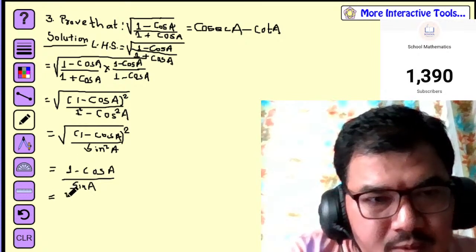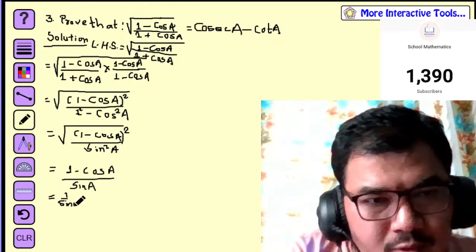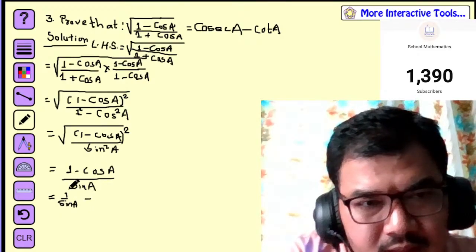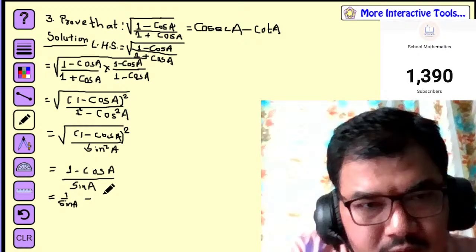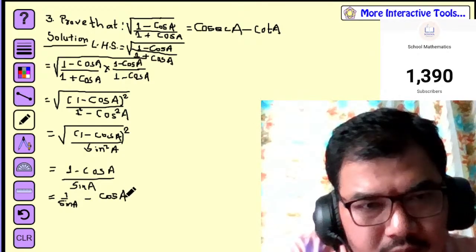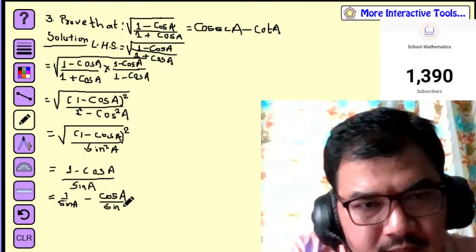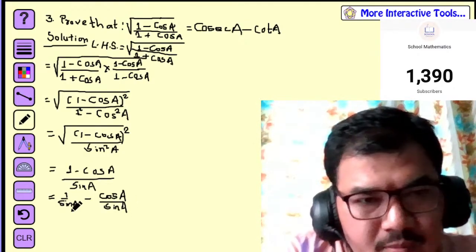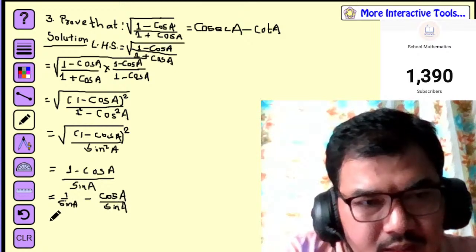We separate like this: 1 by sine A, single denominator, that is the denominator of both terms, 1 minus sine A, and next term, this minus cos A, write cos A, and down there will be by sine A. Separate like this: 1 by sine A minus cos A by sine A.